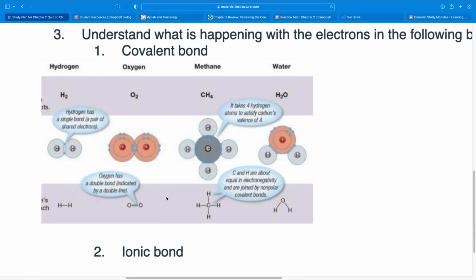So in all these examples with hydrogen, oxygen, methane, and water, they just overlap their electron clouds, and magically they all feel like nobility. They're all going to have their fill of electrons and they are going to be stable. So the word here that you should write down is sharing. They share electrons.